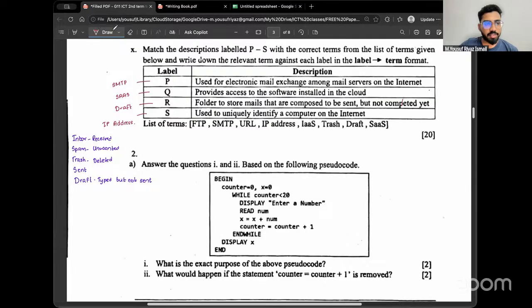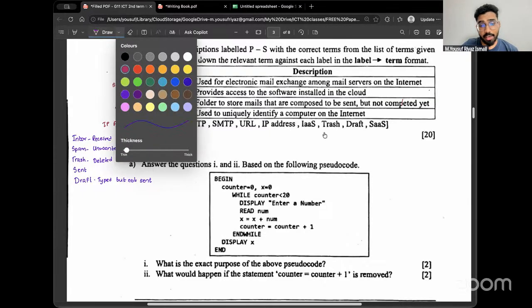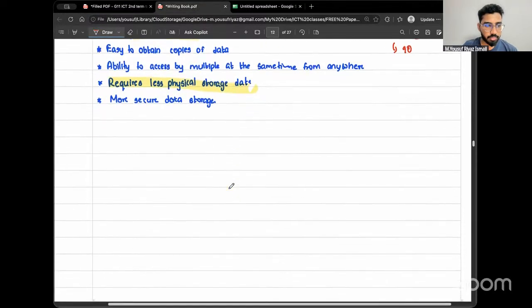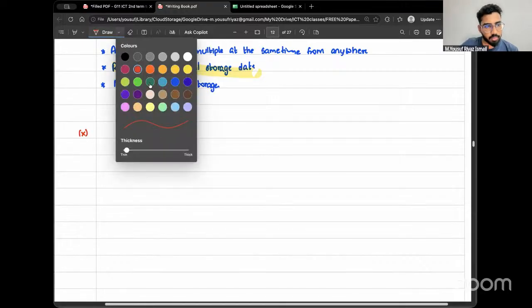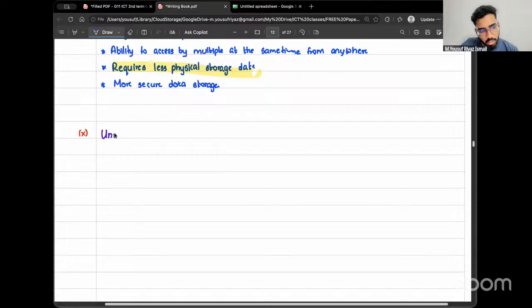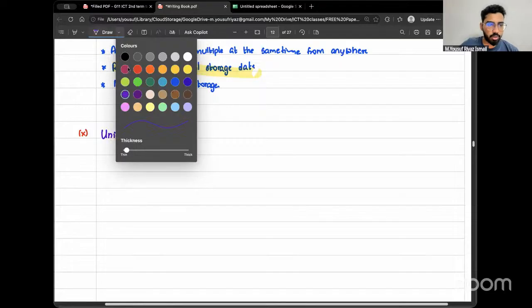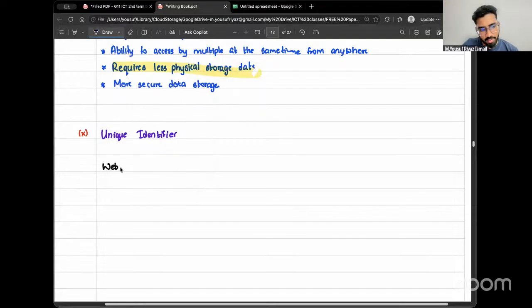In terms of unique identifiers, to identify every resource on the internet, or every web page, because a web page is also a resource basically, what can we use to uniquely identify any web page or resource on the internet?